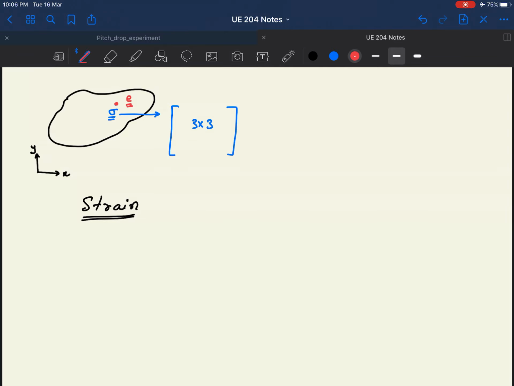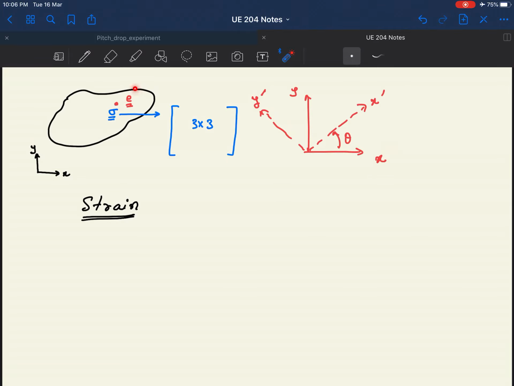The question is again very simple: if you have an axis and then a new axis which is at theta, how does this transformation affect my calculation of the strain tensor?